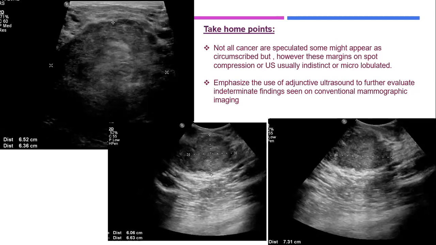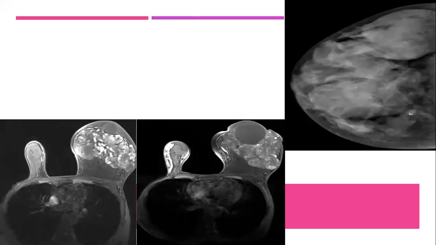It has microlobulations. Just to remind you that some cancers might appear circumscribed on mammography, but if you do spot magnification or ultrasound, you will find the lesion is actually indistinct or microlobulated. We have to emphasize the use of adjunct ultrasound to further evaluate indeterminate findings seen on conventional mammography.